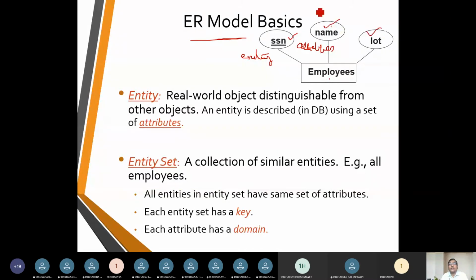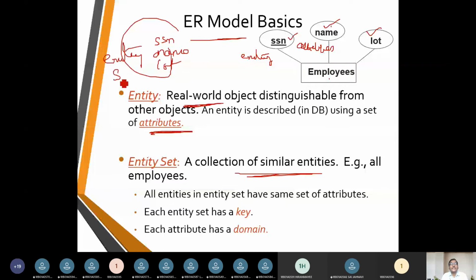When we call them entities, they are real world entities, which are described by these attributes. An entity set is a collection of similar entities. So what is the collection? It can be SSN, name, and lot. All these three elements fit into an entity set, and they are going to define a key and have a domain.